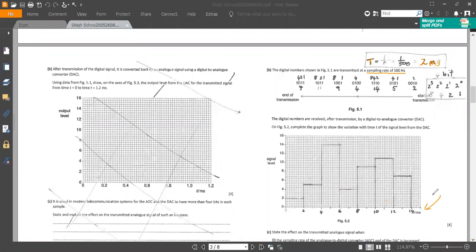That's the period that we calculate because we want the axis in time, in milliseconds. So every 2 milliseconds a sample is taken, and it gives these values: 2, 5, 14, 4, 9, 11, and 7, the signal levels.